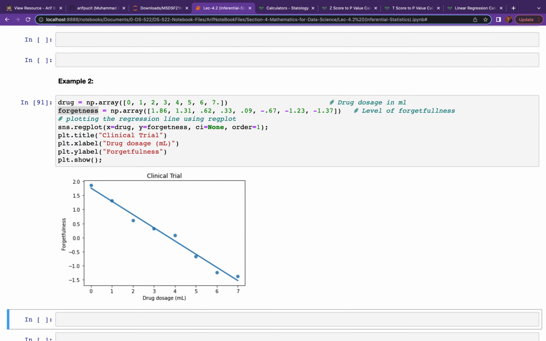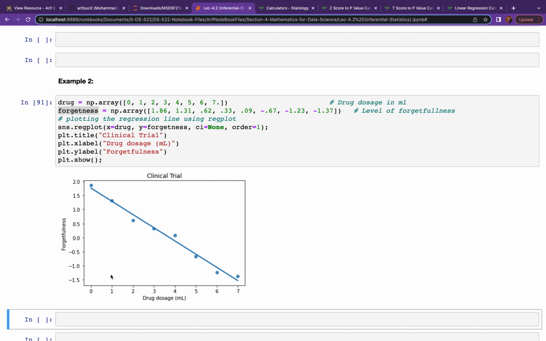Let me execute the code of this cell. Note over here the drug dosage is along the horizontal axis. This is the independent or the feature or the predictor variable, while the forgetfulness level is along the vertical axis, and this is the dependent or the outcome variable.